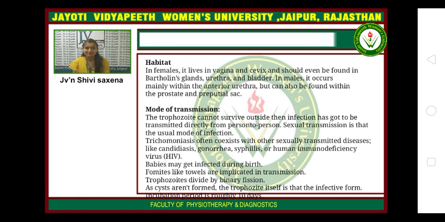Babies may get infected during birth. Fomites like towels are implicated in transmission. Trophozoites divide by binary fission, and as cysts are not formed, the trophozoite itself is the infective form. Incubation period is roughly 10 days.